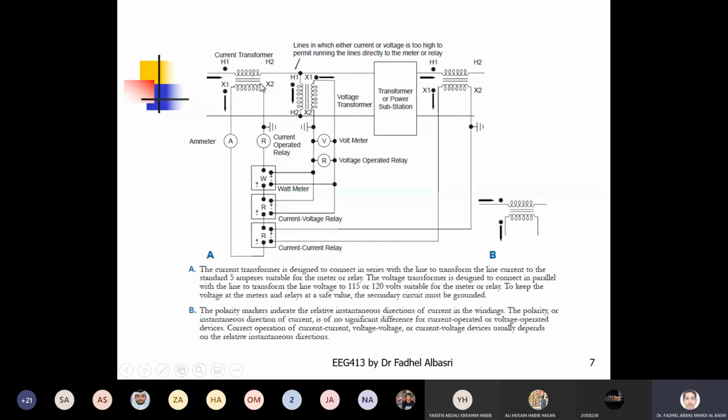But generally the CTs used for protection are not the same as the ones we use for measurements. I'll show you later why. But nowadays we can have a CT that is applicable to both applications.